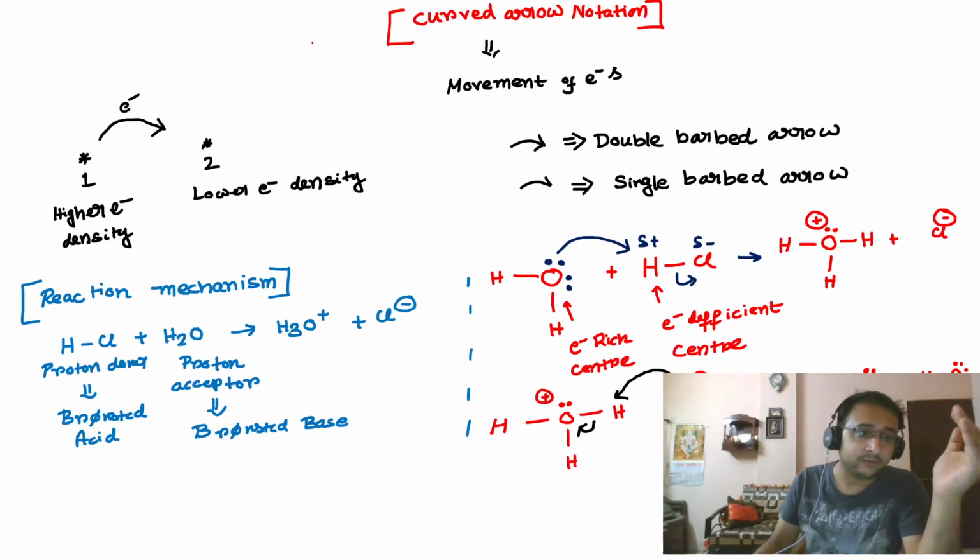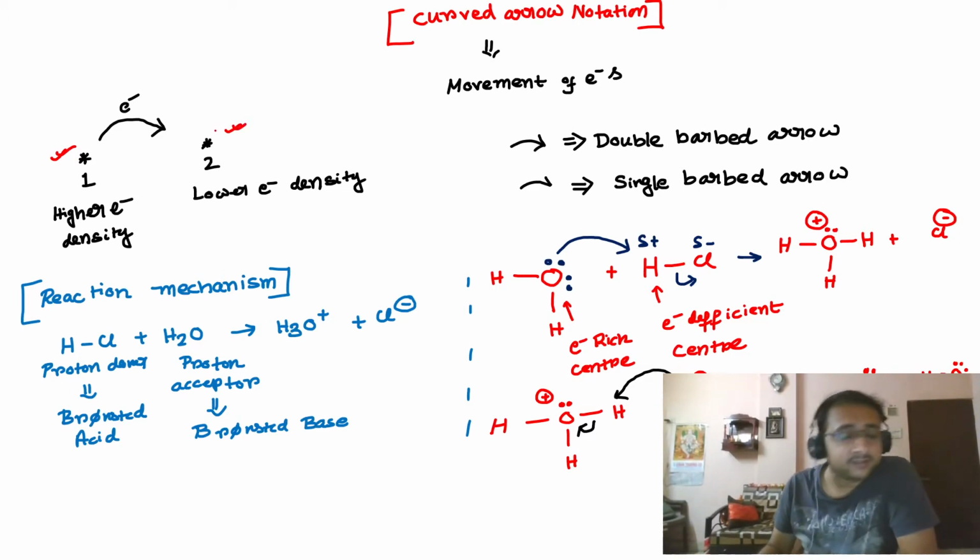Suppose there are 2 points, point 1 and point 2. Suppose there is some difference in electron density between these 2 points. Suppose point number 1 has higher electron density compared to point number 2.